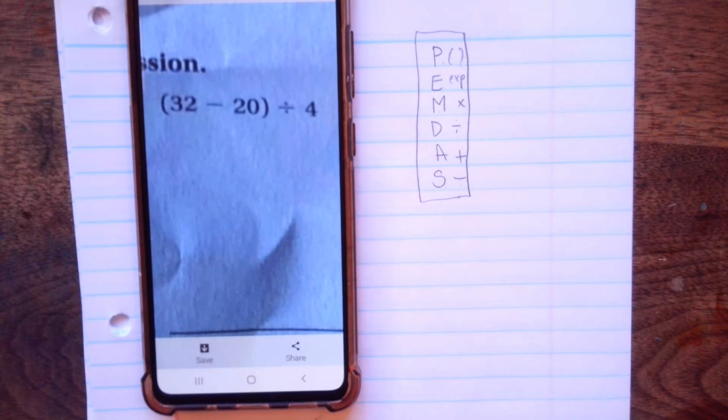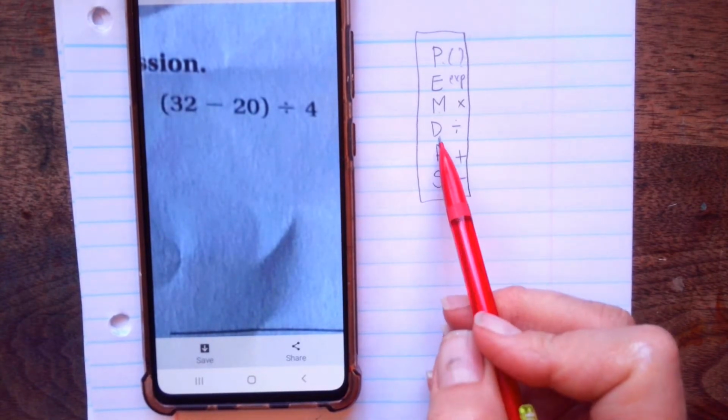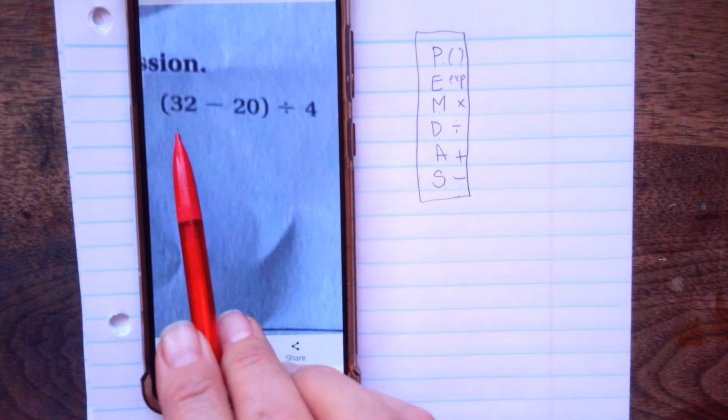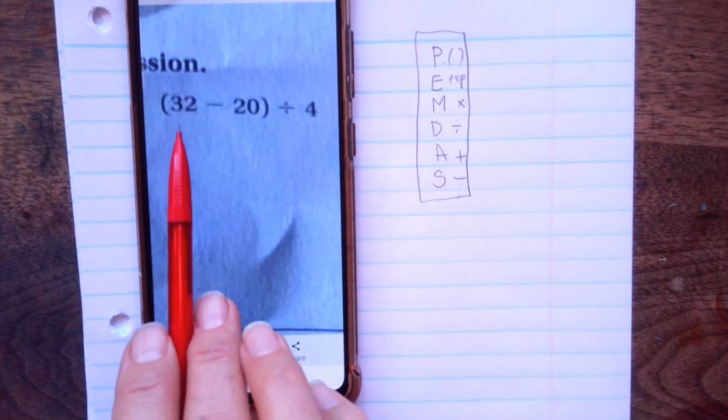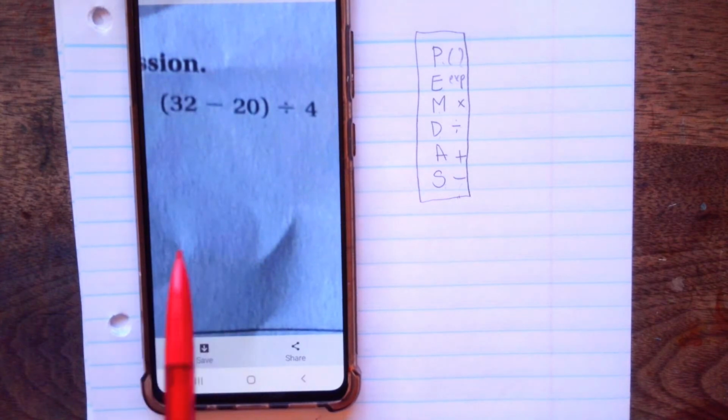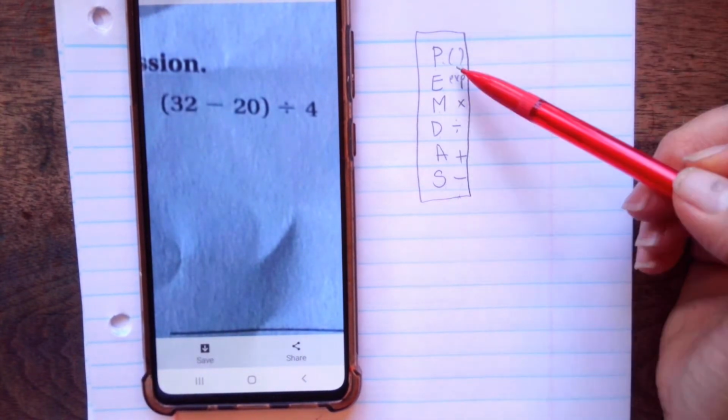Not D, parentheses. Right? Doesn't number 2 have parentheses around it? Yes. So we always do P first, which is parentheses.